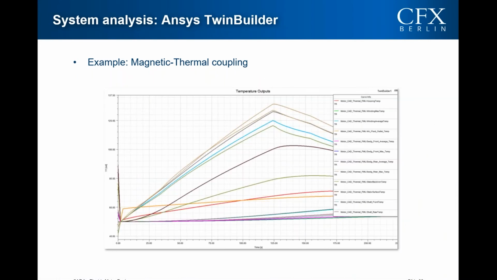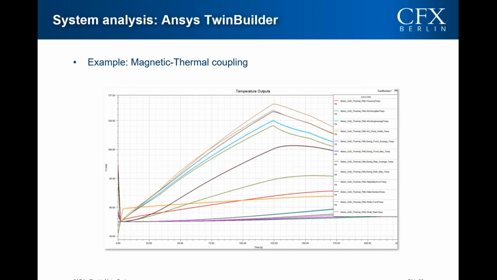As a result of this analysis, we get the information how hot the different parts of the motor will get with time, based on the duty cycle we had defined.